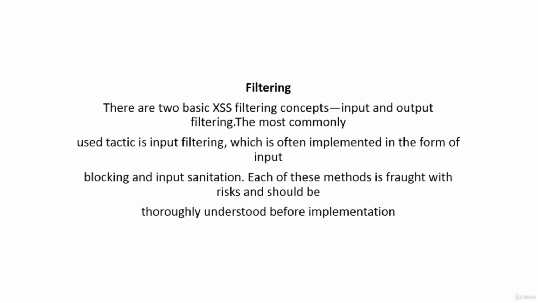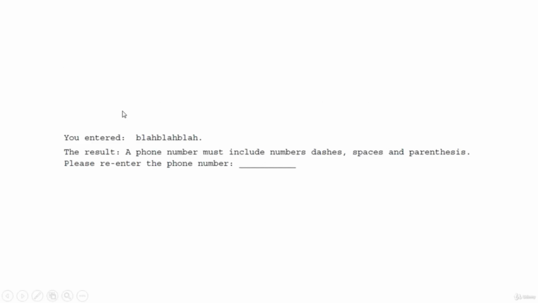Here is an application of an error condition. This is the example. Unfortunately, because the text has been reflected to the page, there is the possibility for XSSing through the reflection of the blocked text in the error condition.